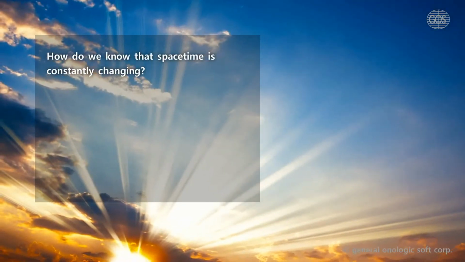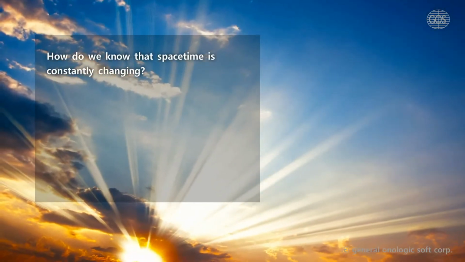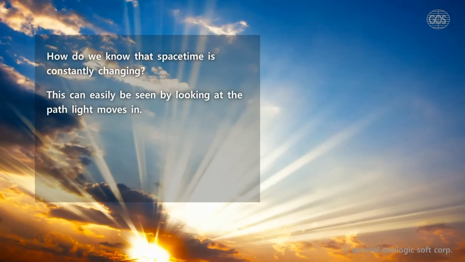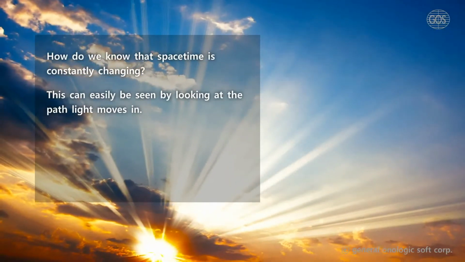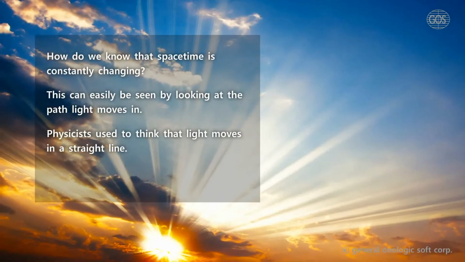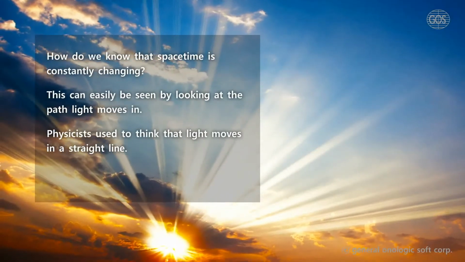How do we know that space-time is constantly changing? This can easily be seen by looking at the path light moves in. Physicists used to think that light moves in a straight line.